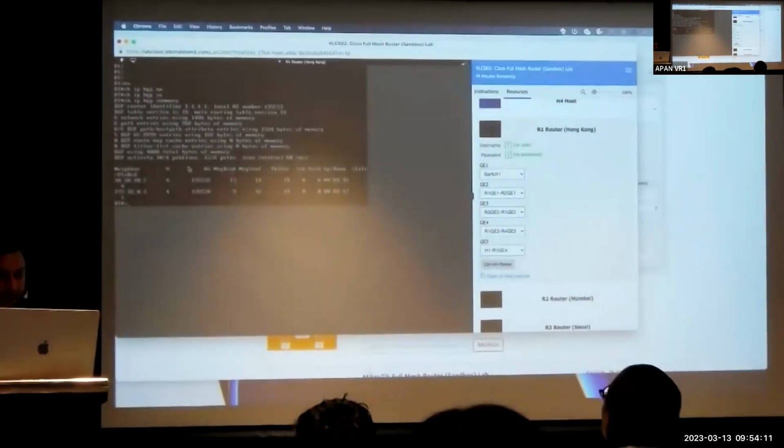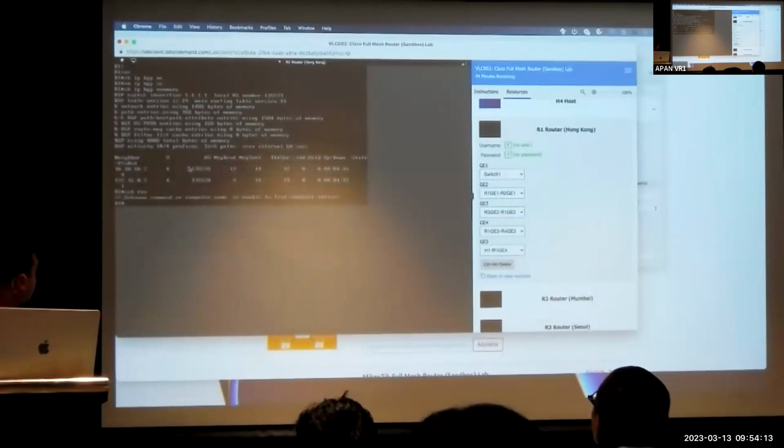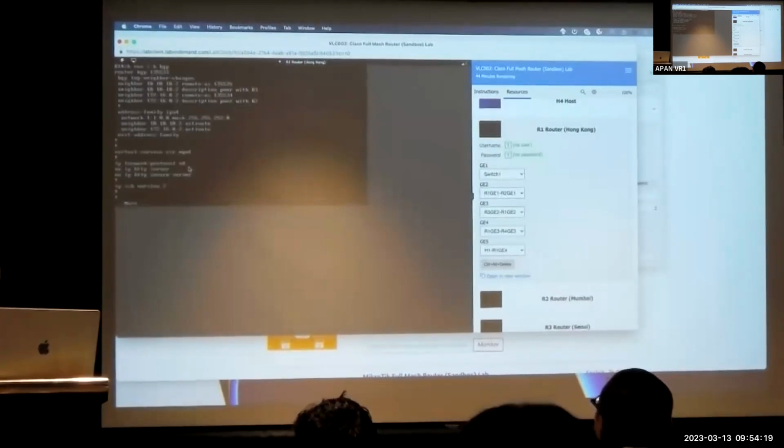So if I show the BGP configuration, router one is advertising a network of 1.1.0.0/22, with mask 255.255.255.0, right?